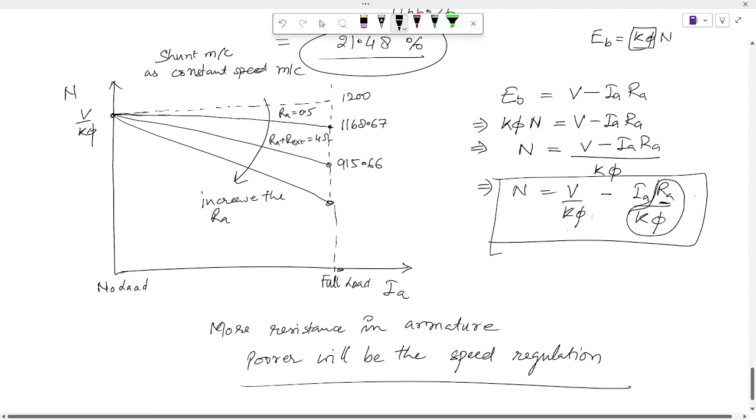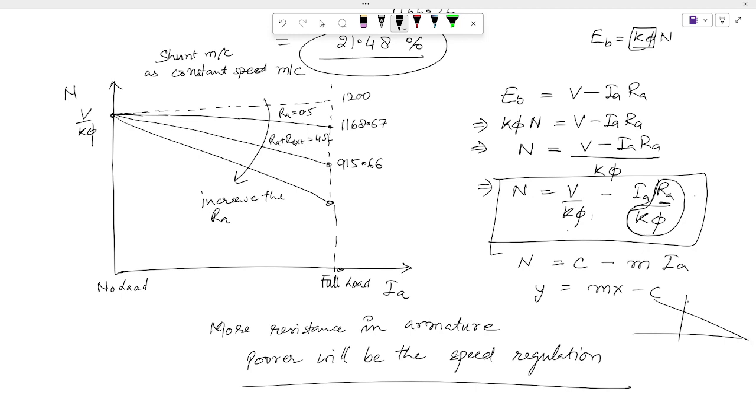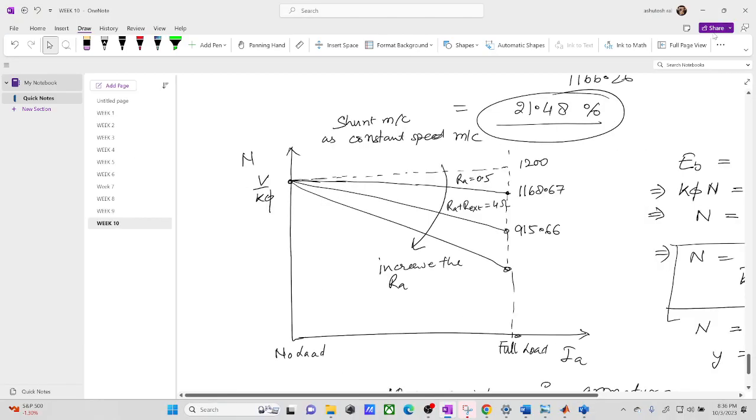Can I write this as N equals some constant c minus m, this is the slope, times IA? Does it not look like y equals mx minus c? Yes or no? Okay, fine. That's all for today.